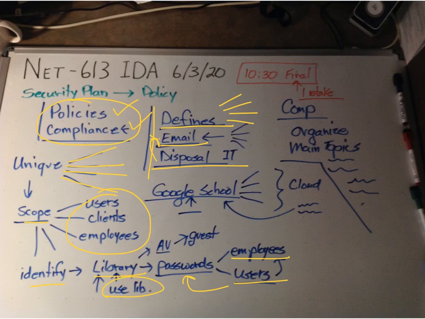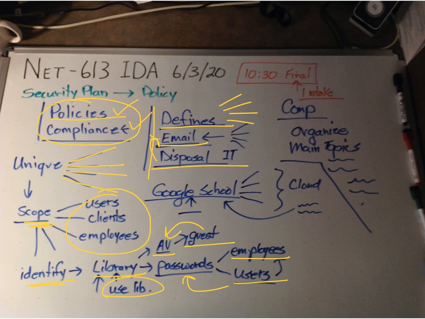So as you identify who the scope of the users or the people are going to access the technology and what pieces of technology they're accessing, make sure the policy applies. Like, guest accounts don't worry about checking the antivirus to see if it's available.